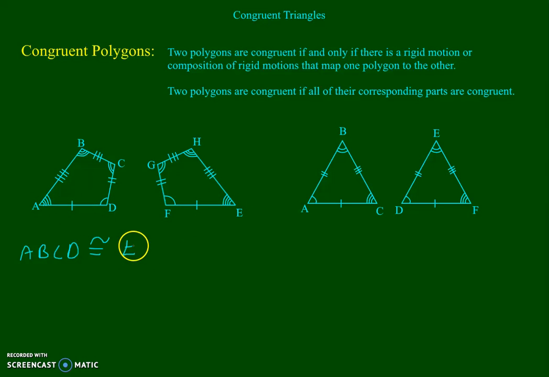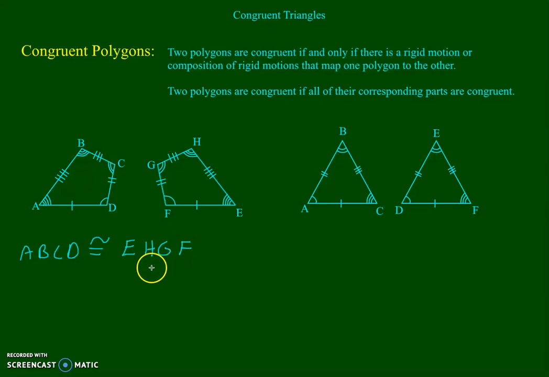So that's E. The one that corresponds to B is H. The one that corresponds to C is G. And finally F. Now this order is critical because this tells us that this vertex corresponds to this vertex, this one to this, and this one to this.